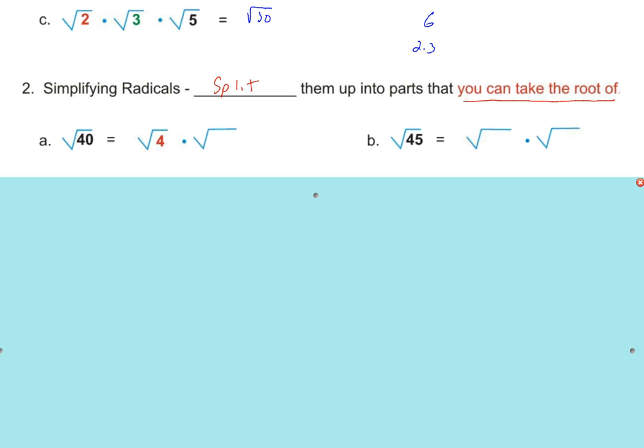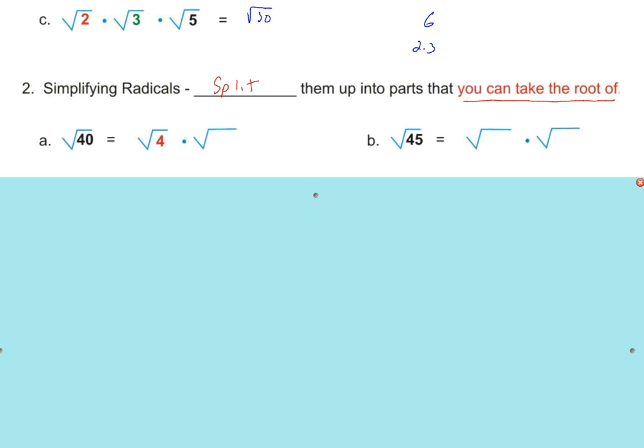You only factor when it'll give you some benefit. It'll allow you to do something else. Well, here, with some radicands, if we unmultiply it, we can simplify it.